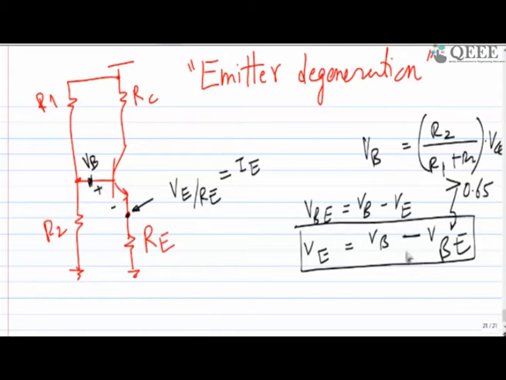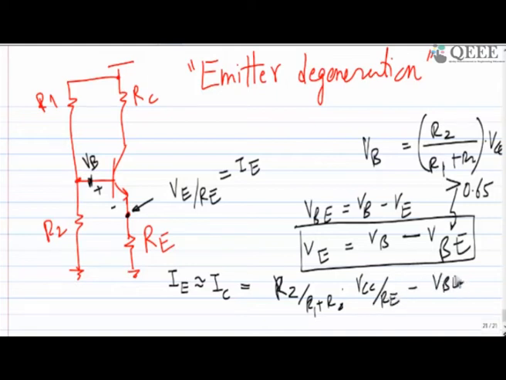Now, if you put these values here, what is going to happen? Your IE, which is approximately equal to IC for the transistor action, you are going to have R2 by R1 plus R2 times VCC by RE minus VBE by RE. This is what you are going to see. So I'm seeing that, okay, there is a linear control, there is no exponential control, everything is in ratio, no problem, right?